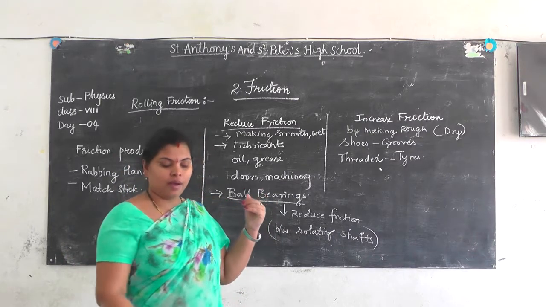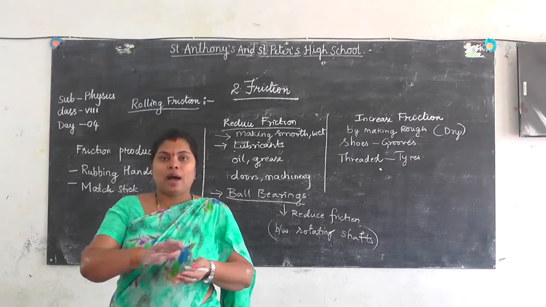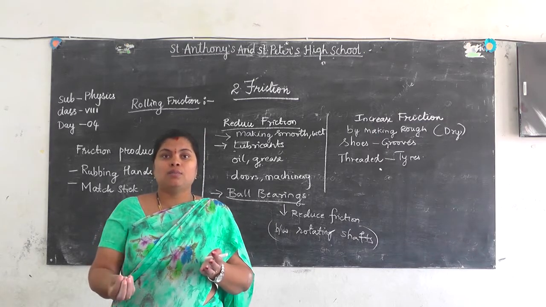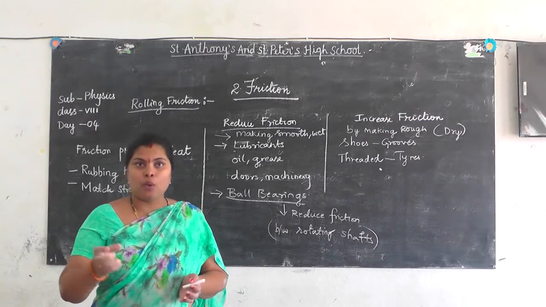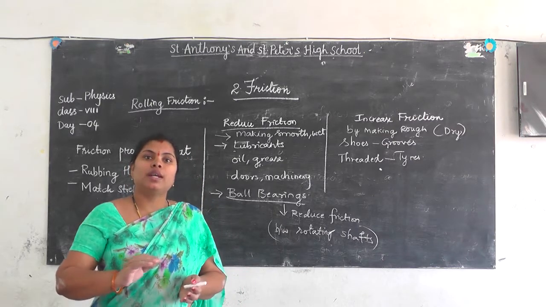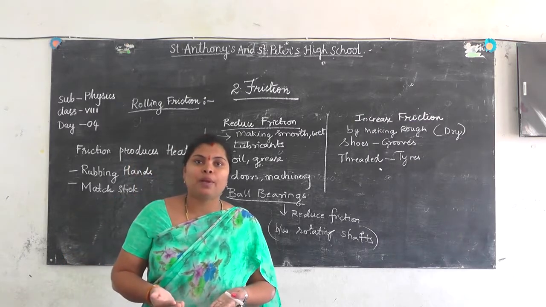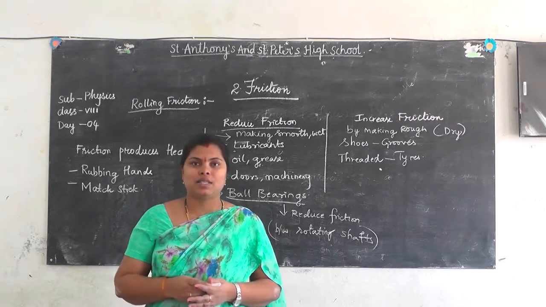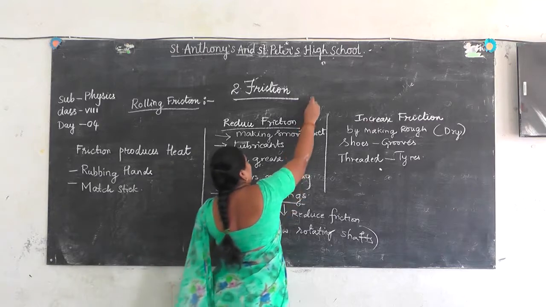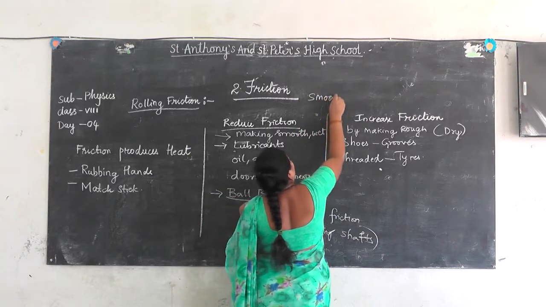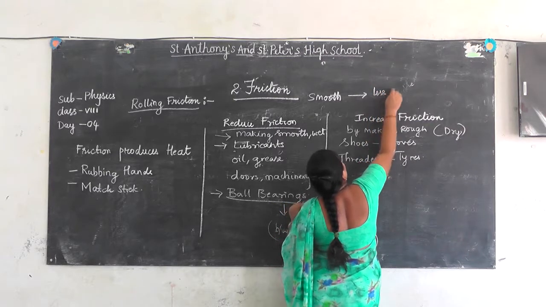That's what we do on our carrom board. As the board provides more friction, we sprinkle powder so that the surface becomes smooth. If it becomes smooth, it offers less resistance. So smooth surfaces offer less friction.